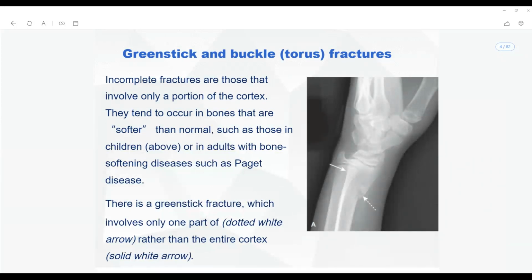Whenever it is available, compare today's investigation to the previous radiographs.